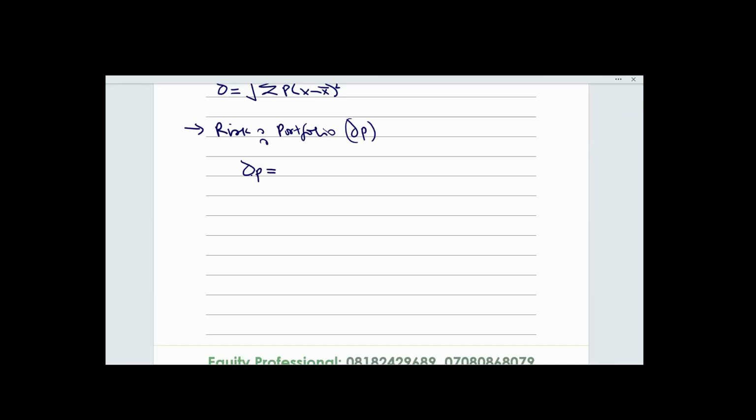Now, to calculate the risk of the portfolio, it will be the square root of the following, for a two asset portfolio. That is, you only have two securities in the portfolio.